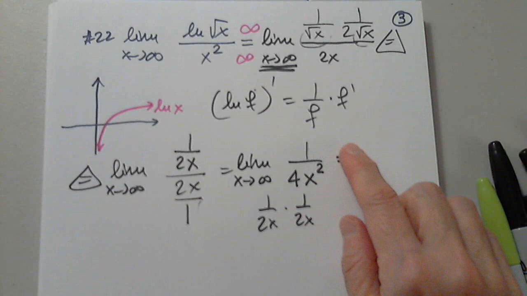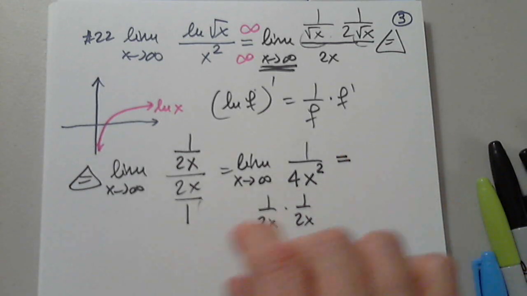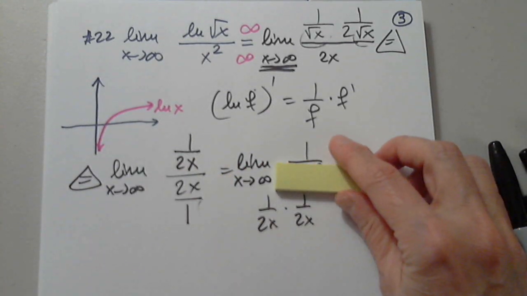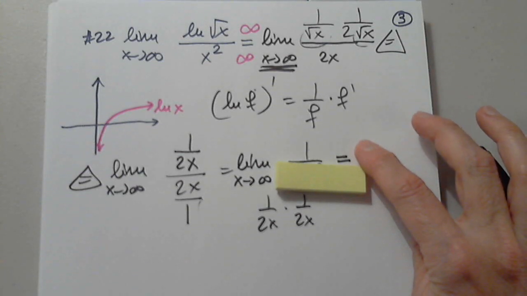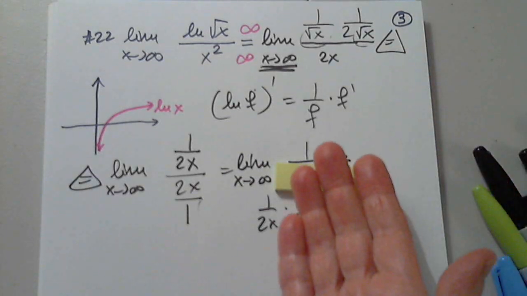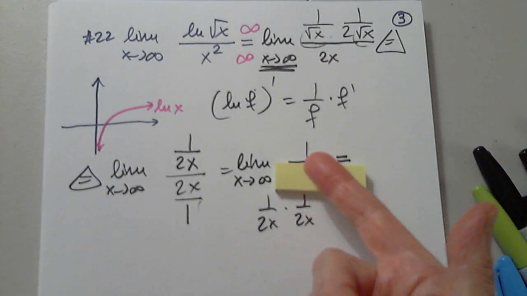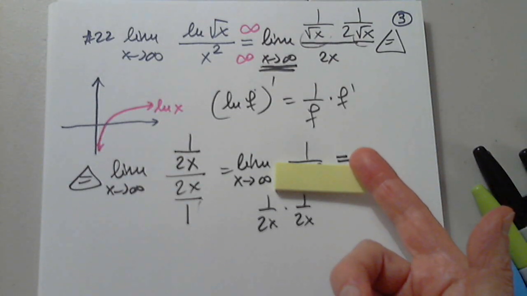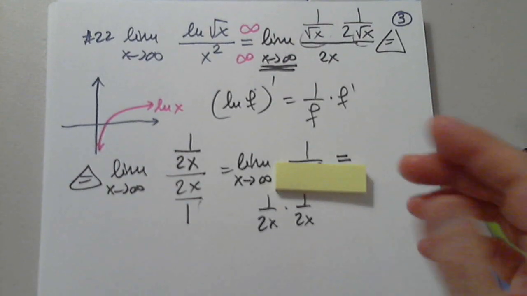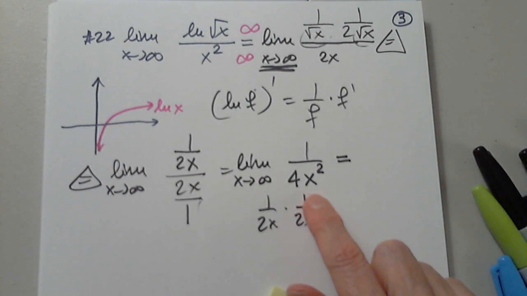Where is the numerator going? To 1. Exactly. Where is the denominator going? To infinity.